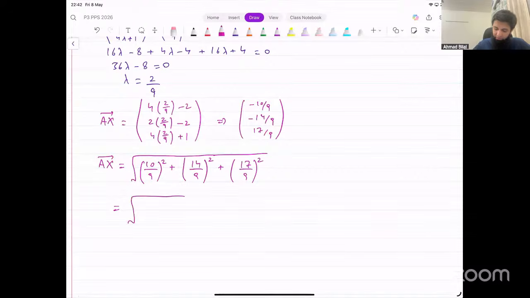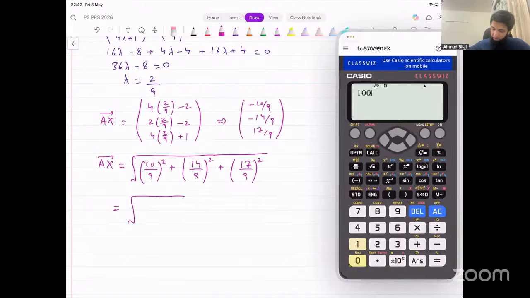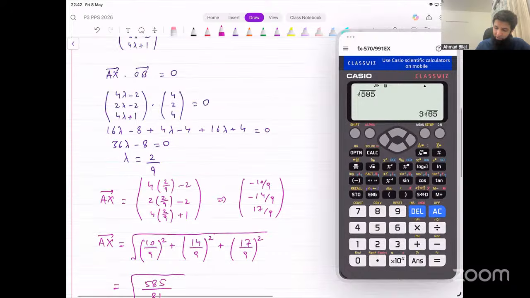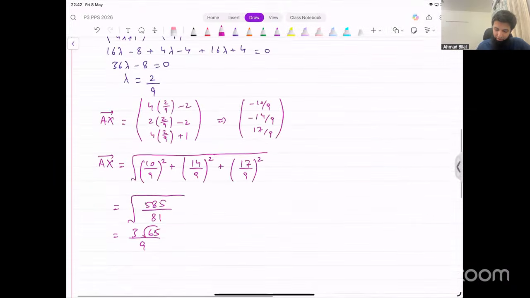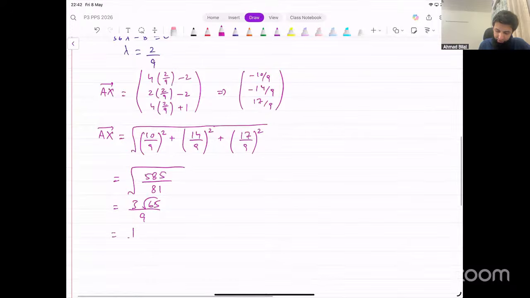You can add this up first inside the square root: 100 plus 14 squared plus 17 squared. You get 585 divided by 81. Now the square root of the denominator is just 9. Square root of 585 is 3 under root 65 over 9, and that's what you wanted to prove. This is the final result that we have. We can simplify this further, and that's the final answer.